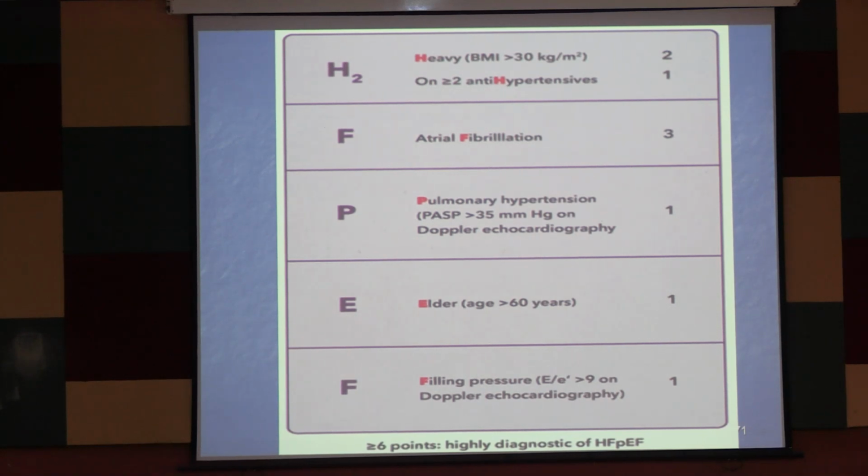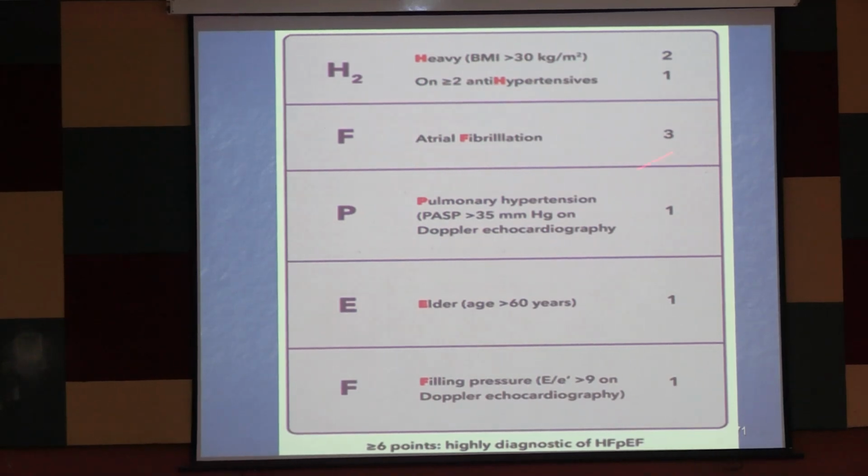Second H, on 2 or more antihypertensive medications: body mass index more than 30 kg per square meter scores 2, on 2 antihypertensive medications scores 1. F, fibrillation, that means atrial fibrillation, score 1.